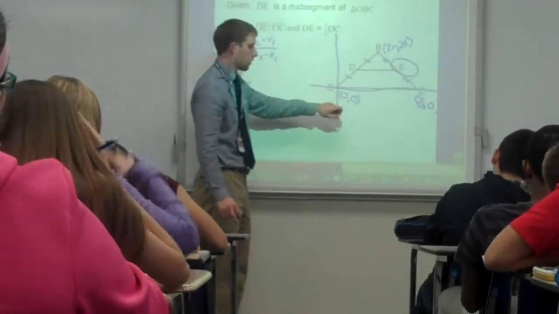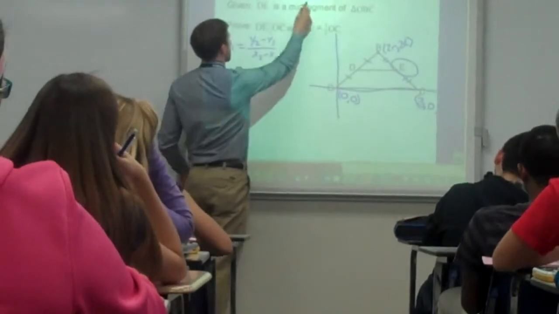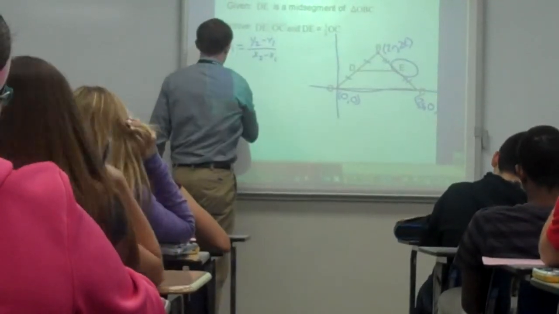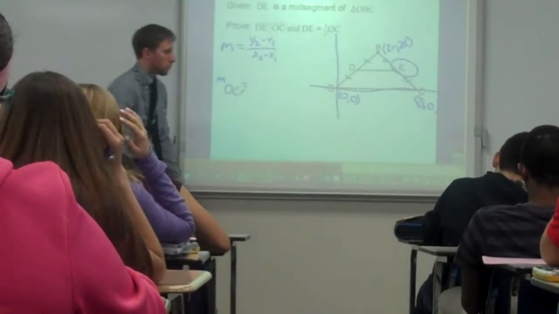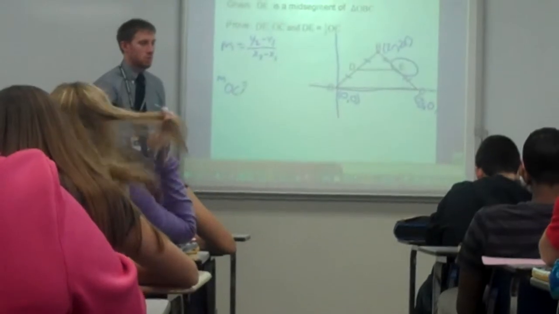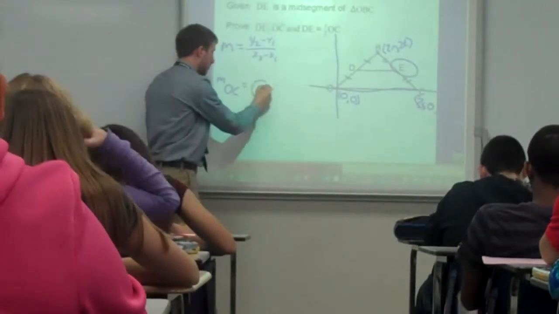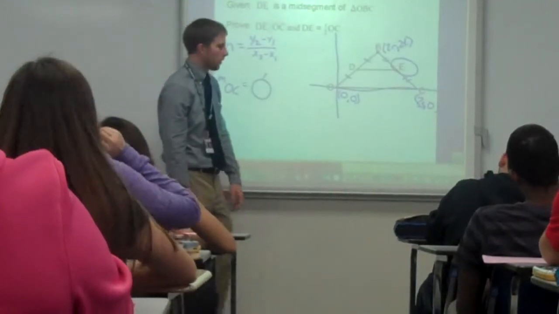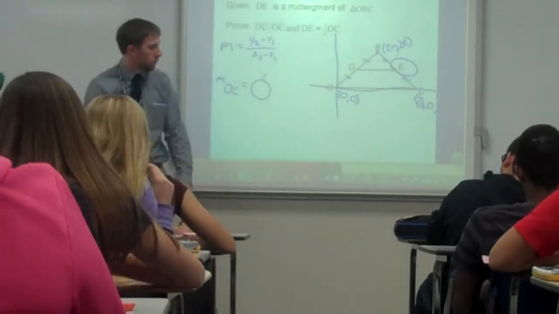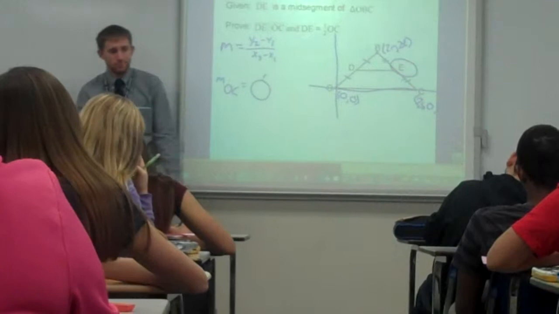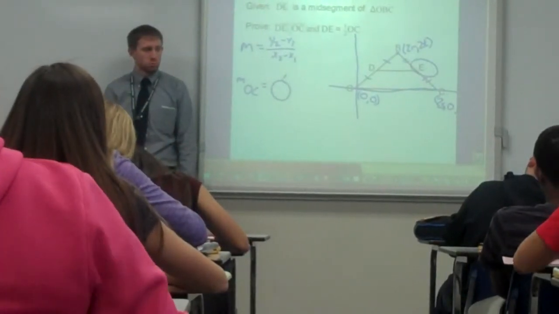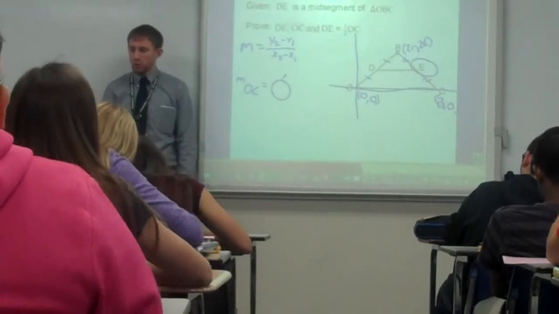Well, let's do OC first, actually. What's our slope for OC? 0. It didn't rise at all. 0 minus 0 over 2S minus 0. So our slope is 0. Agreed?